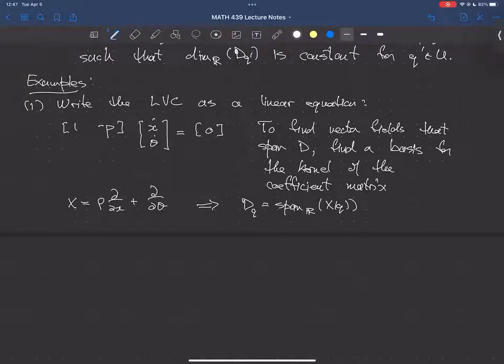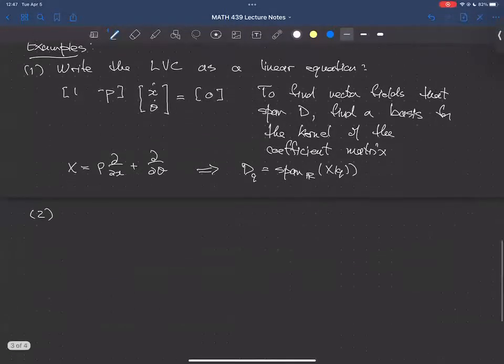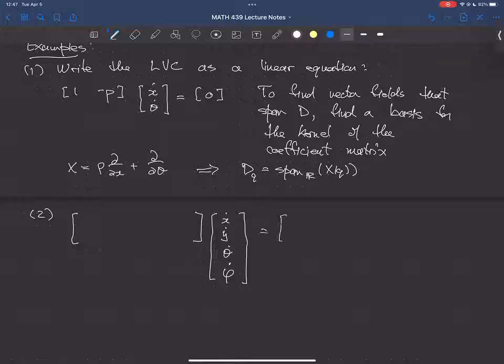All right, so that's that example. So the other example, again, we're going to write a matrix equation. It's going to be a linear equation in x dot, y dot, theta dot, phi dot. In this case, there's two equations.